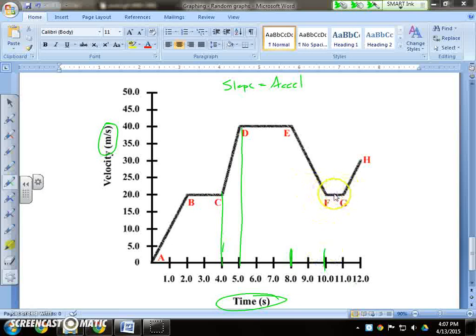It stays at a constant velocity there of 20 meters per second, and then it'll increase in speed 10 meters per second from 20 up to 30, and that happens in 1 second. So in terms of our story, speed up, stay at the same rate, speed up some more, stay at that maximum rate for some amount of time, slow down, stay at that rate, speed up.